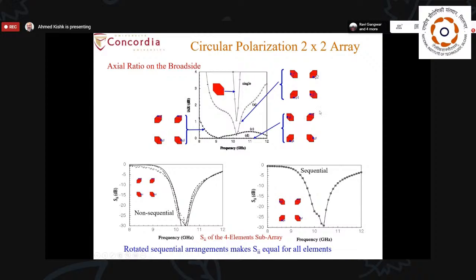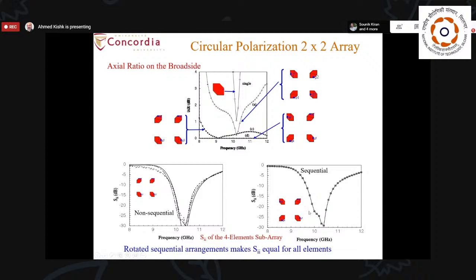But if you have pure sequential feeding, and sequential feeding means that if this is my starting element, I come here and rotate it by 90 degrees and phase it by 90 degrees, and this one is rotated another 90 degrees, that means from the reference it is 180, so I phase it with 180, and this one is with 270 rotation and 270 phase.